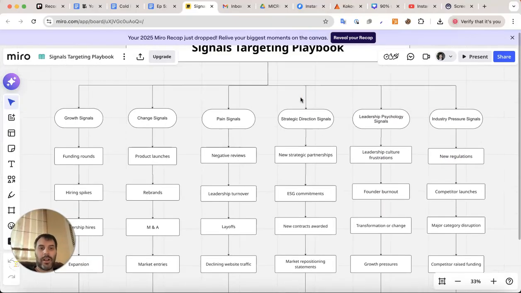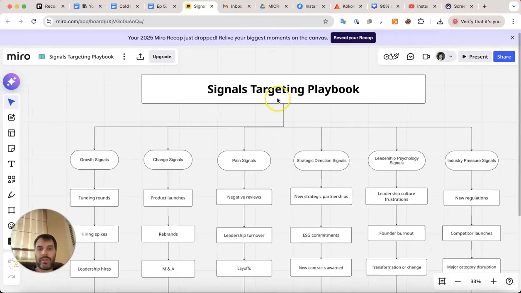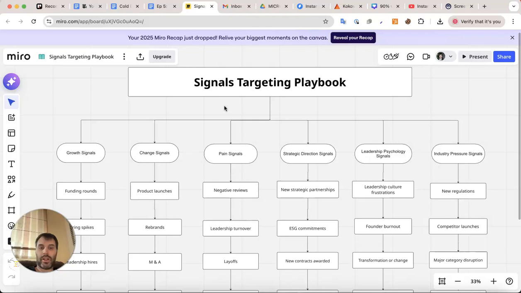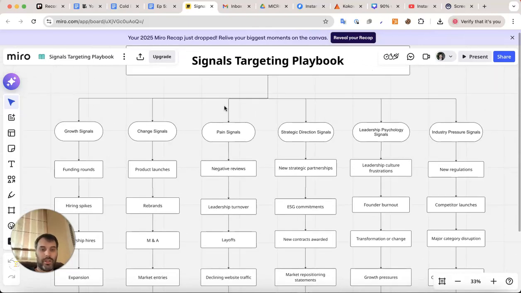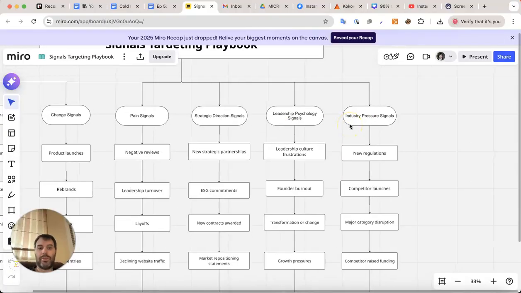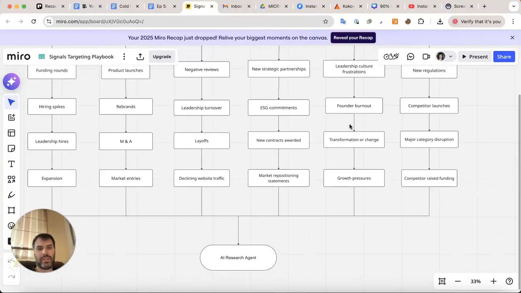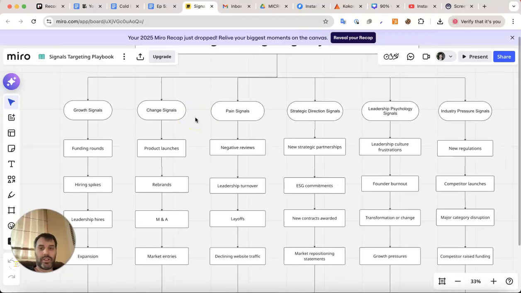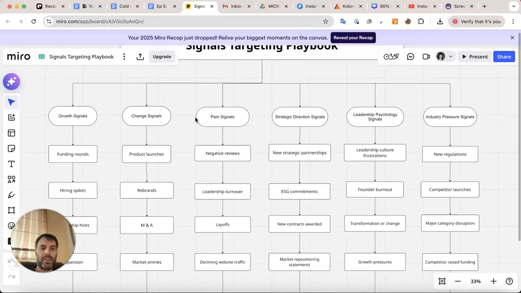So this has been a very quick walkthrough overview of a signals targeting playbook that we rely on. There are another 3 categories we look at as well. We have a checklist with over 60, 70 signals listed across these various categories. If you want to get that, depending on where you're watching this video, it's probably in the description.